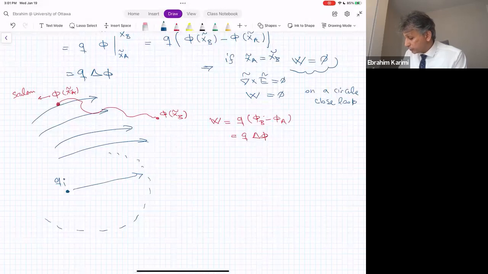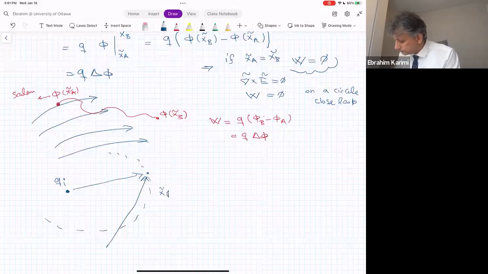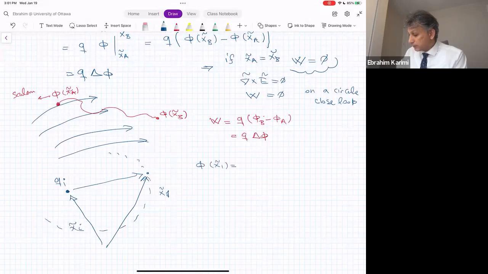What is the potential at this point, which is x1? Here is xi. So the potential at the position of x1 is given by 1 divided by 4 pi epsilon naught of qi divided by the magnitude of x1 minus xi.